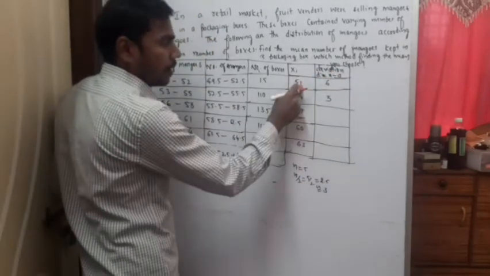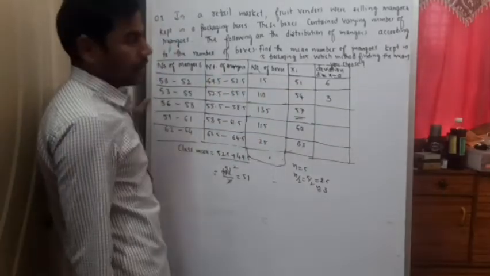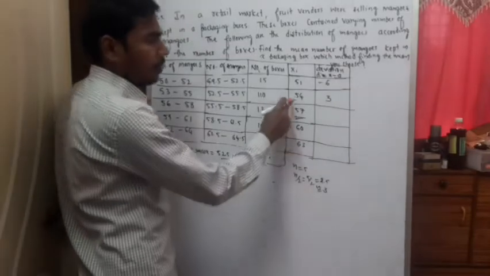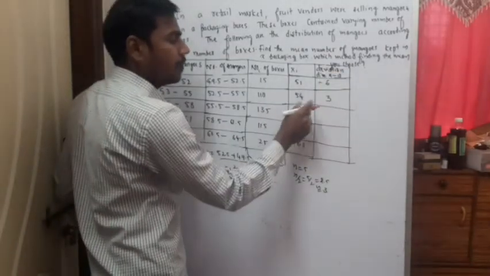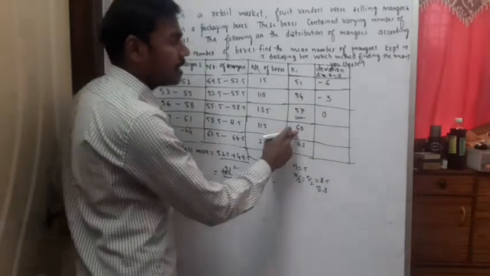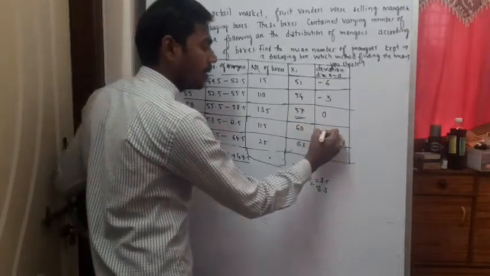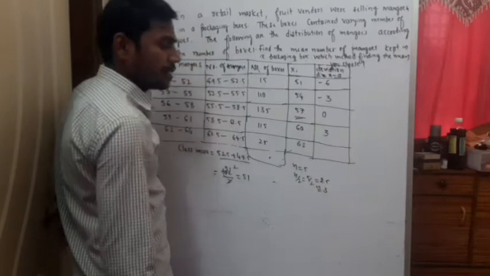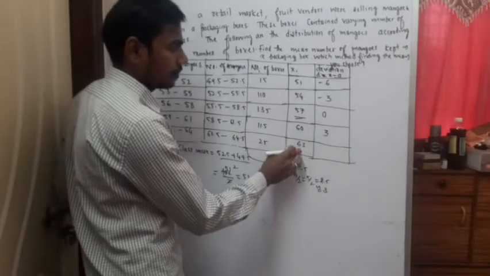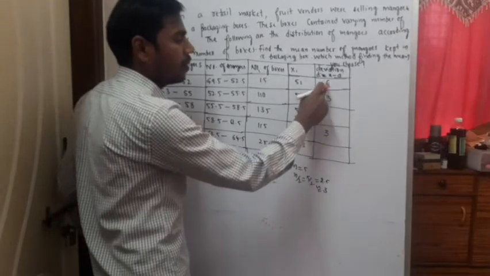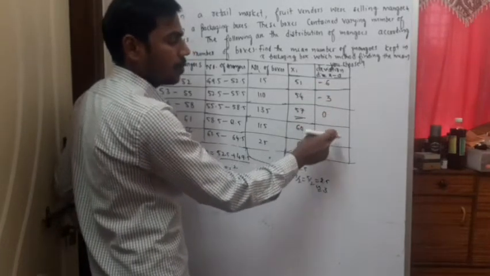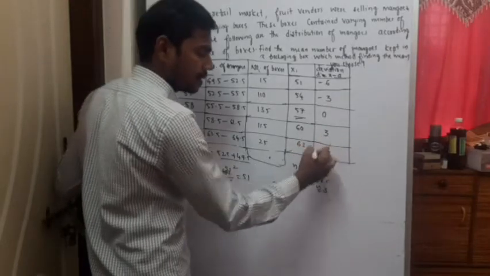X is 51, a is 57. 51 minus 57 is minus 6. 54 minus 57 is minus 3. 57 minus 57 is 0. 60 minus 57 is 3. 63 minus 57 is 6.